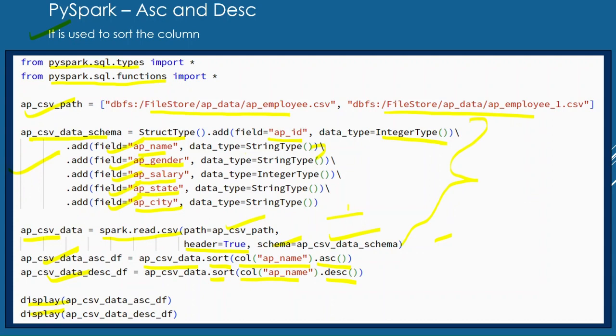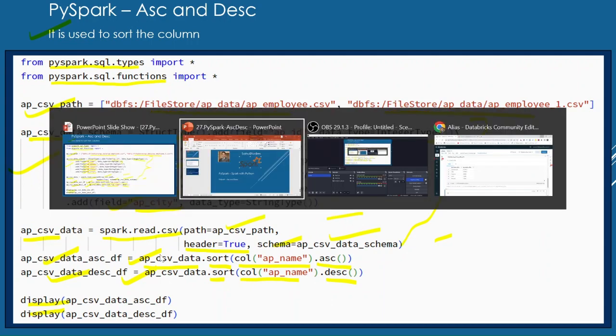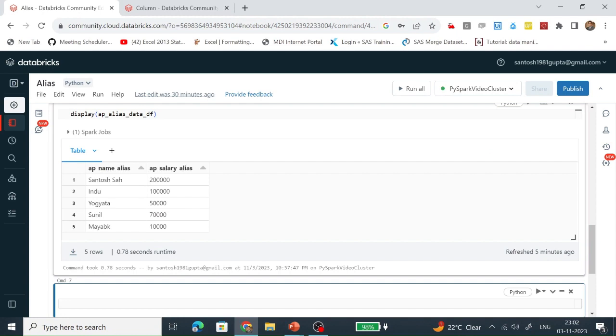Go and watch how we can read the CSV file and create the data frame out of it. I will copy these codes from my previous exercises and we will see only these two things, how ascending and descending function works in Databricks. So let's go to Databricks and see how it works.